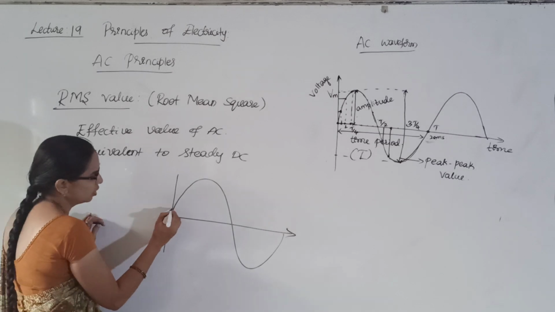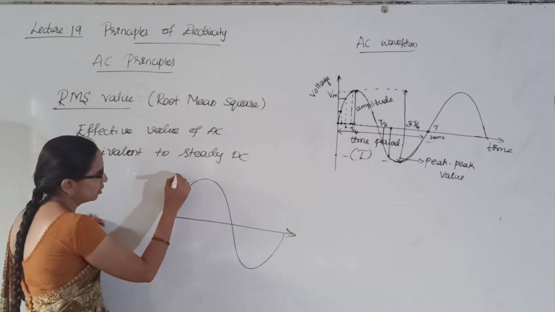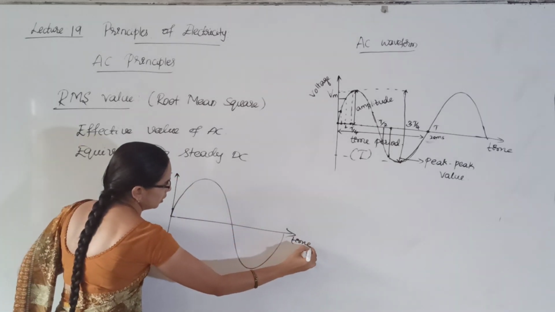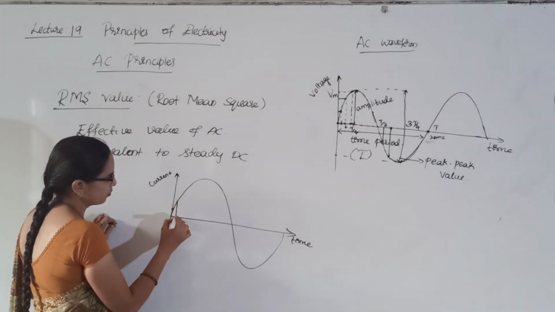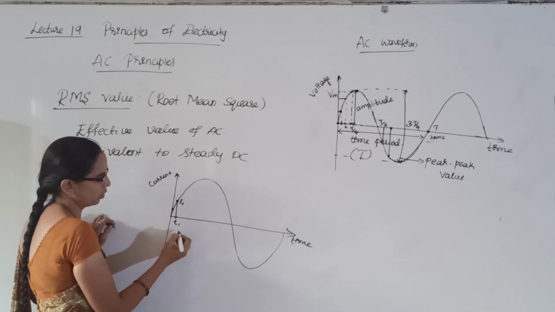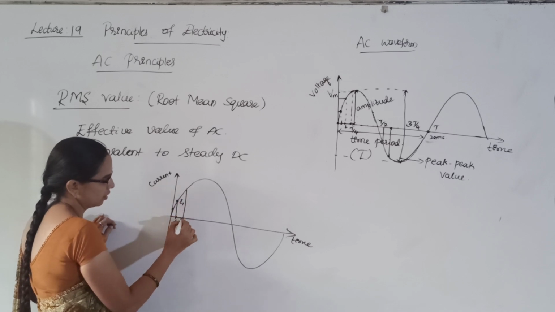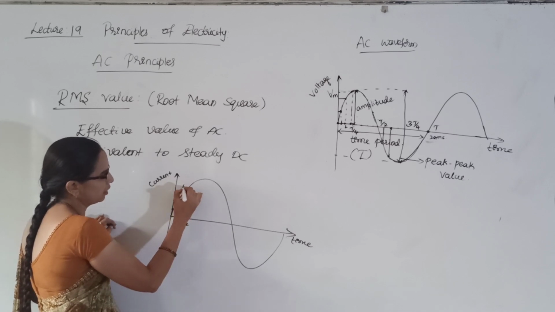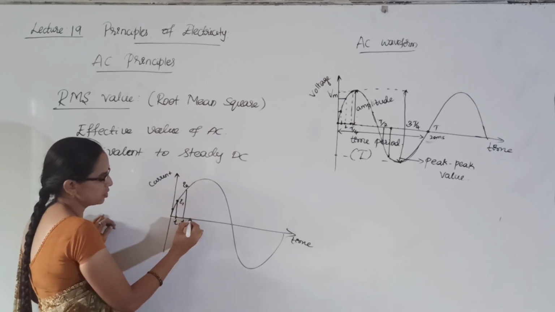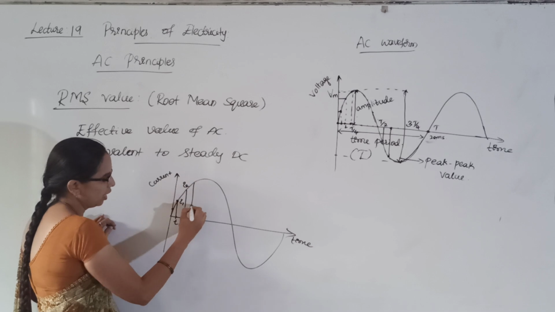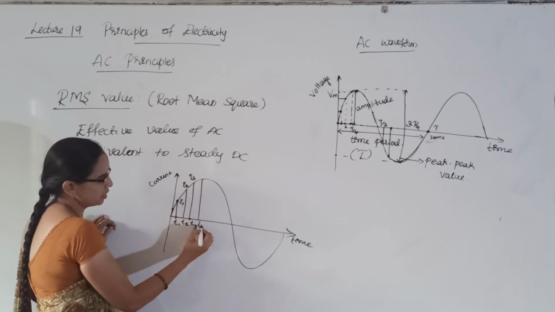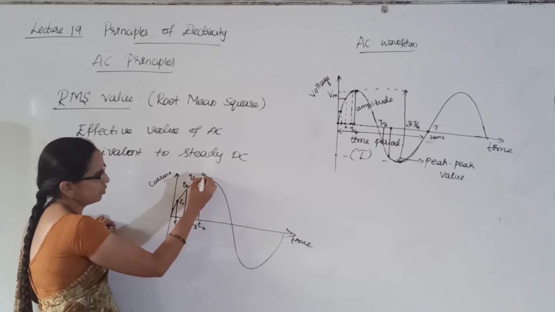If I measure the current in this particular time, one value of current I will get, that I will call as I1. I will call this as T1 and this is T2. I will get somewhere around I2 as the value of current. If I measure the current at T3, I will get I3. If I measure at this time T4, I will get somewhere around I4.